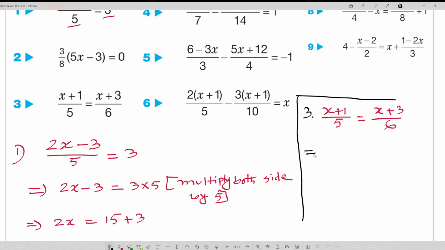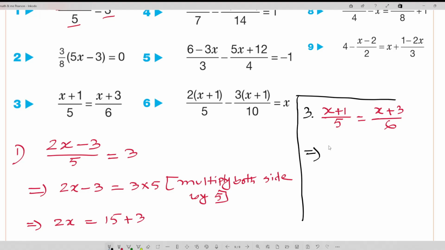First one, we can multiply both sides by 5. In this case, this 5 will be out and here 5 will be added. Also we can multiply both sides by 6. So this one 6 will be out, or we can do cross multiplication.